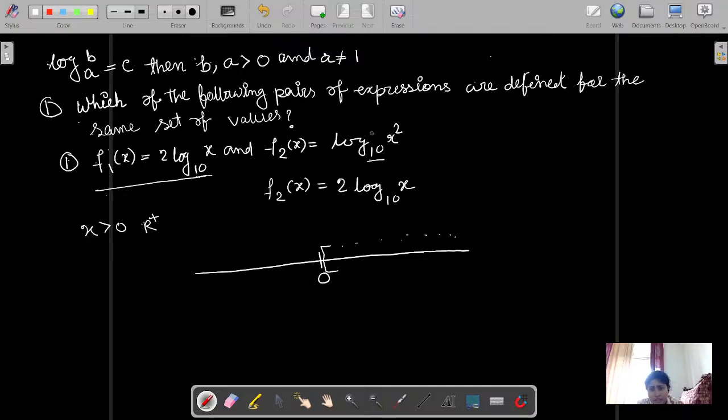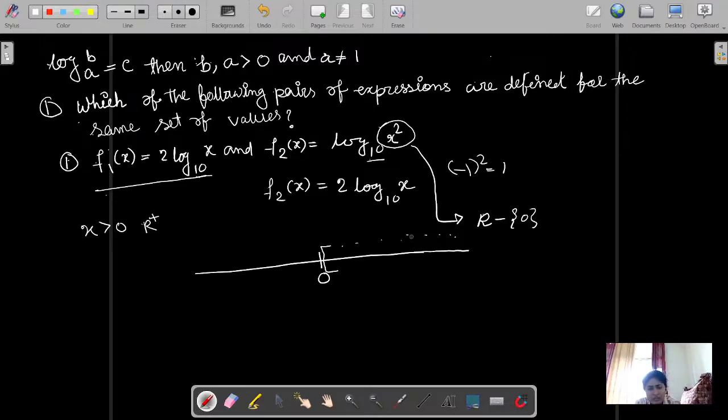But what about this? Here we have x square. So if I take -1 also, its square is positive, it is +1. So in this case, we can take any number other than 0. So it is defined for every real number other than 0.